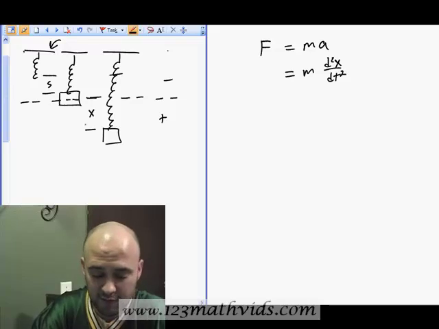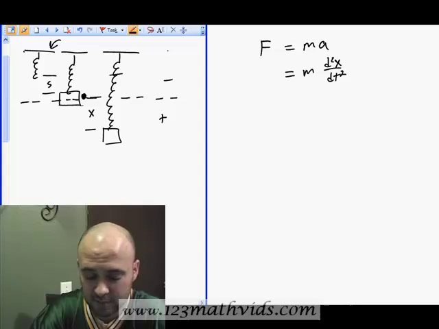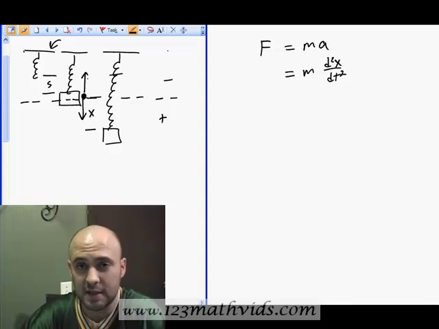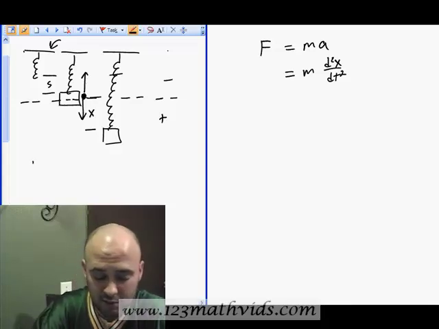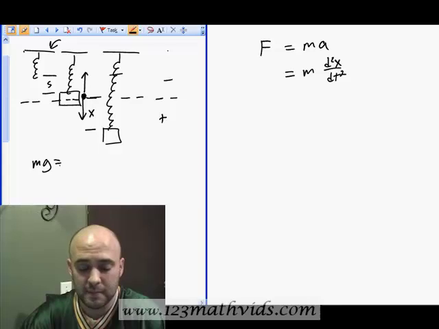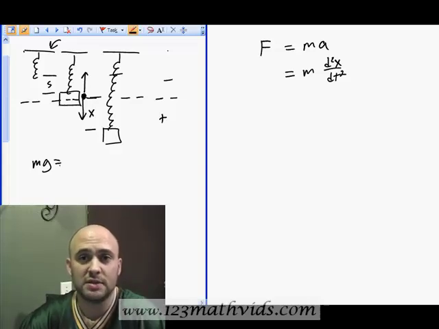So we have gravity. We're going to look at our equilibrium position. At that position we have a force downward and a force upward. We know those forces are equal because the spring is sitting in equilibrium. So the downward force is mass times gravity, and the other force is the spring force. Hooke's law tells us this is proportional to the distance the spring is stretched.